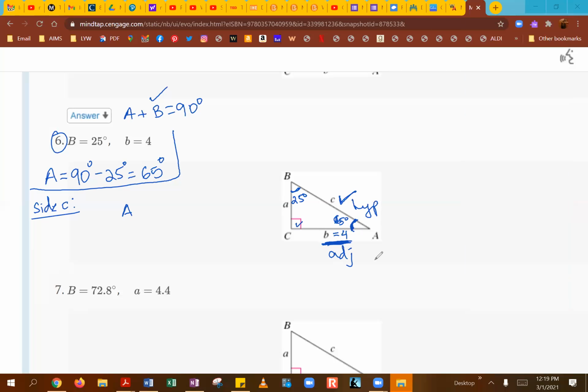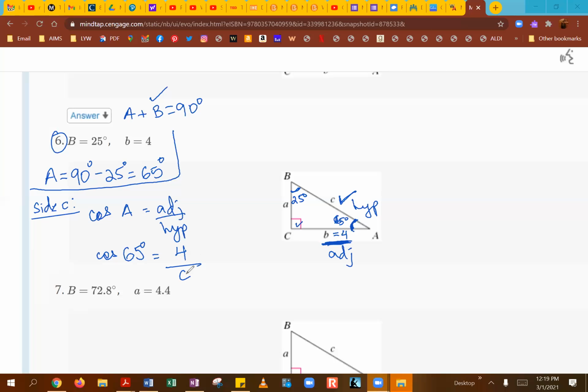So adjacent and hypotenuse come from the cosine function. So you will be using cosine of A, which is angle A, adjacent over hypotenuse. So you are basically doing cosine of 65 degrees equals adjacent, which is side 4. Hypotenuse is side C.